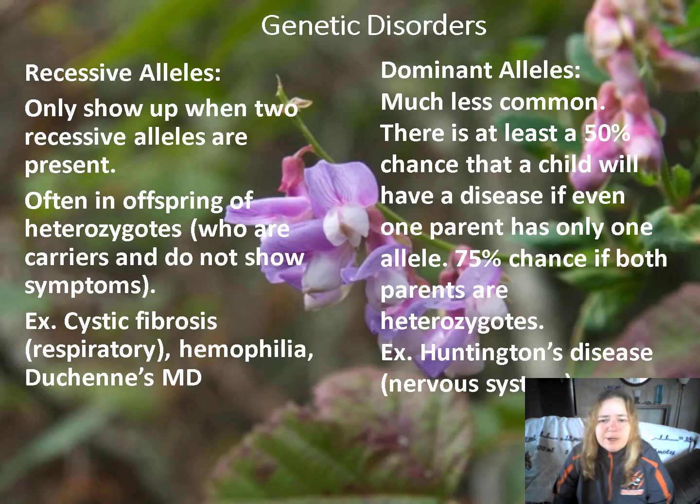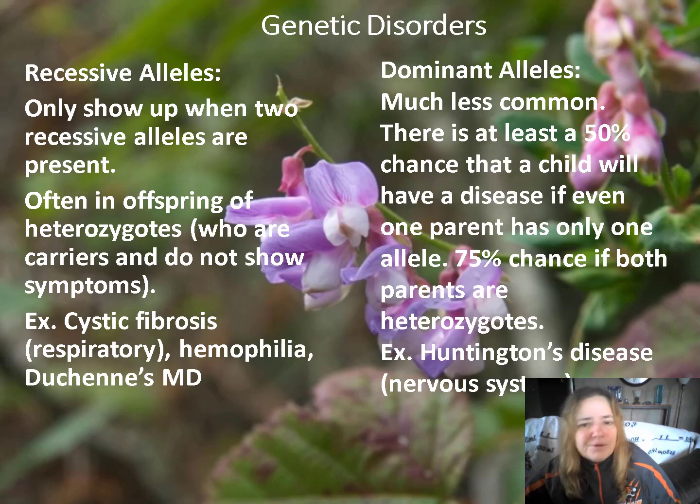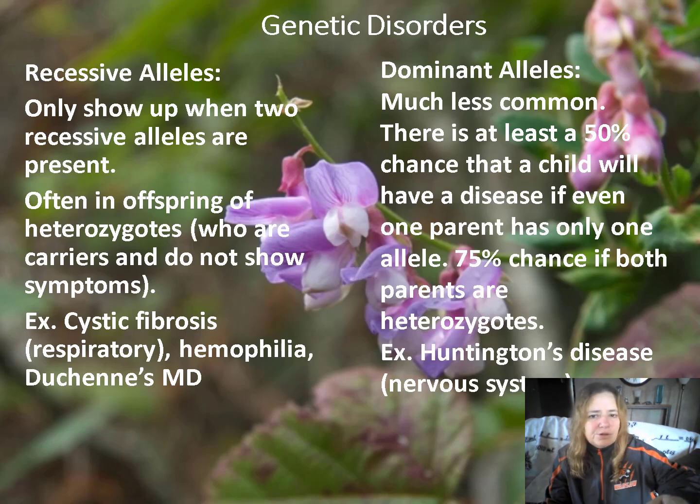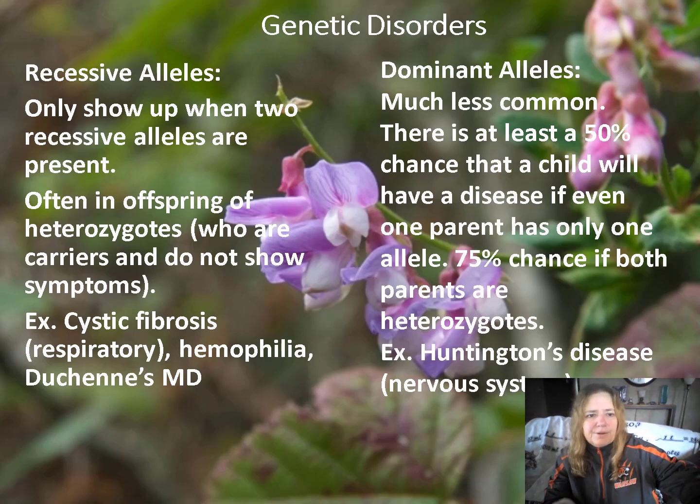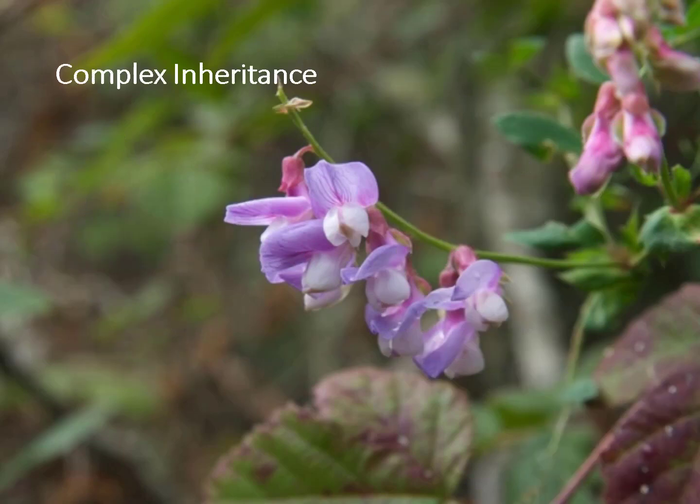You see there that there's a 50% chance if only one parent has the trait, and a 75% chance if both do, if they're heterozygous. If they're both dominant, then 100% chance. So that's a little bit about disorders. Now we'll get into chapter 5, but we will be working with some disorders a little bit later.